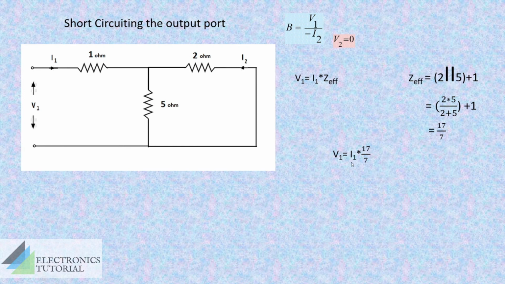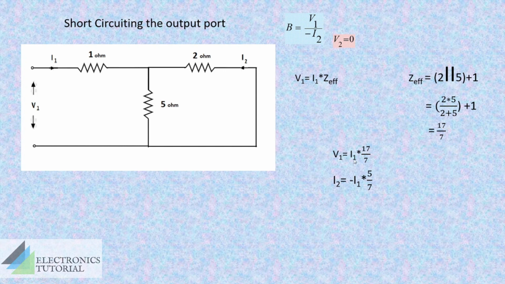We have now obtained V1 in terms of I1, but the denominator here is I2. In the previous step, we have obtained an expression for I2. I2 is equal to minus I1 into 5 by 7. So both the numerator and denominator have become in terms of I1.